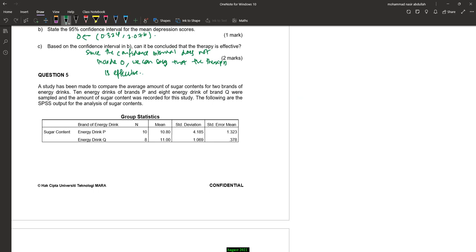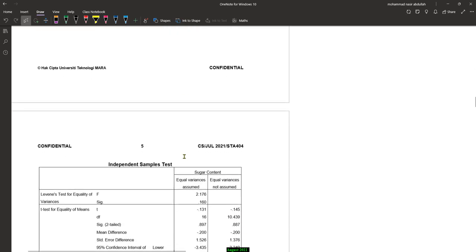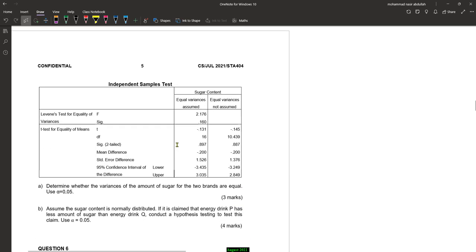A study was made to compare the average amount of sugar content for 2 brands of energy drinks. 10 energy drinks of brand P and 8 energy drinks of brand Q were sampled and the amount of sugar content was recorded for this study. The following is the output for the analysis of sugar content. They give here the mean, standard deviation and so on for energy drink P and Q. So this is the independent sample t-test.